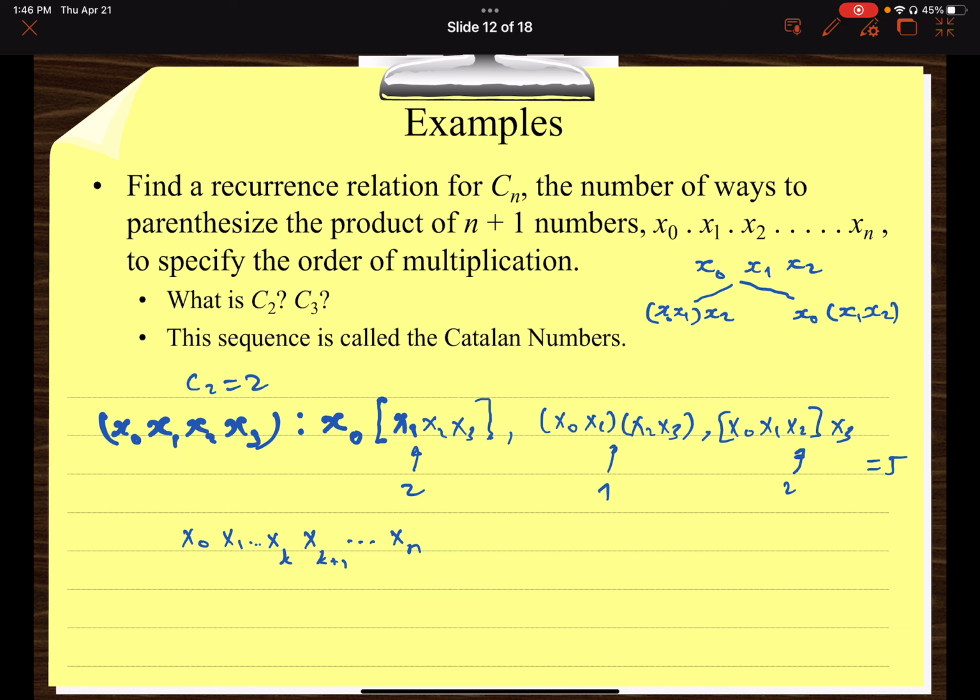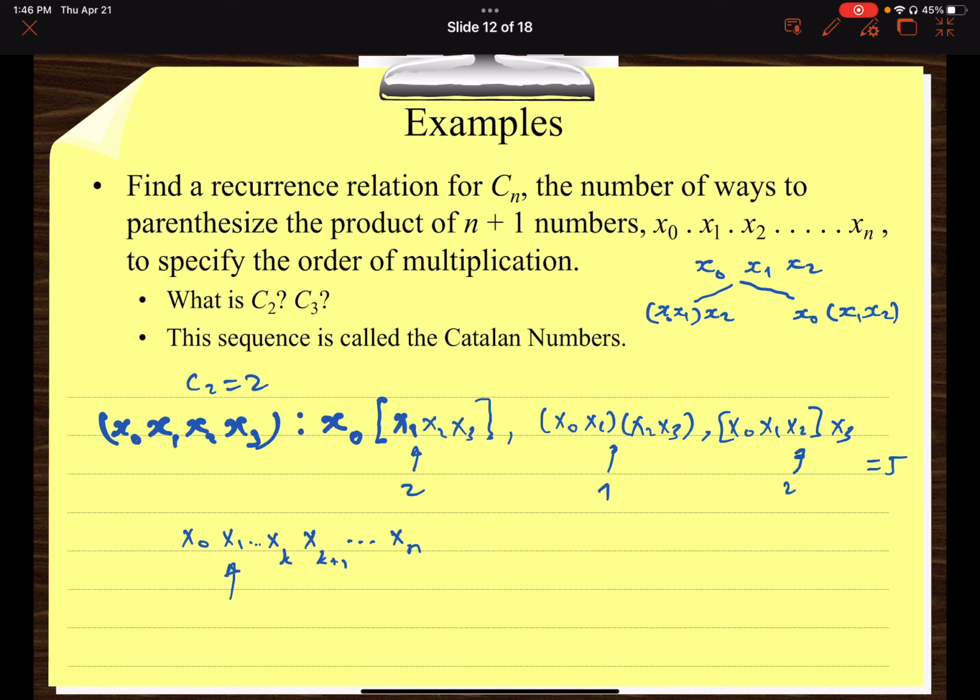What is this value? From x0 to xk, how many ways to parenthesize? What did we say? From x0 to xn is Cn, since that is n plus 1 numbers.